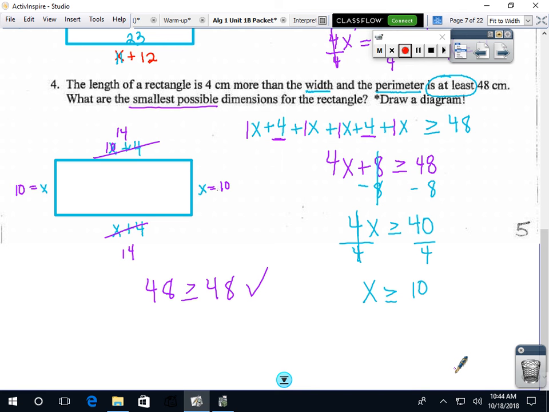I'll give you like a minute to copy that. Okay, we good? All right, number 5.